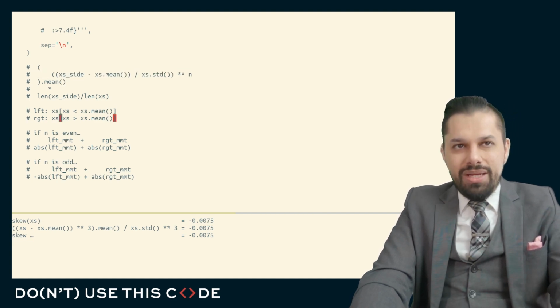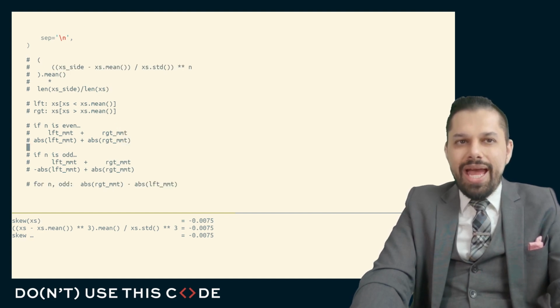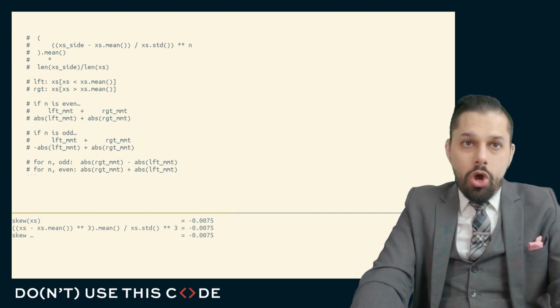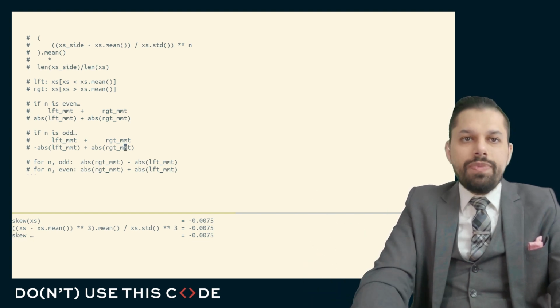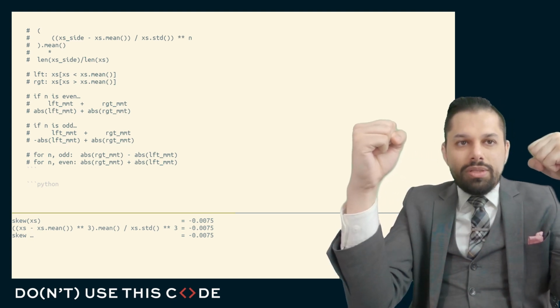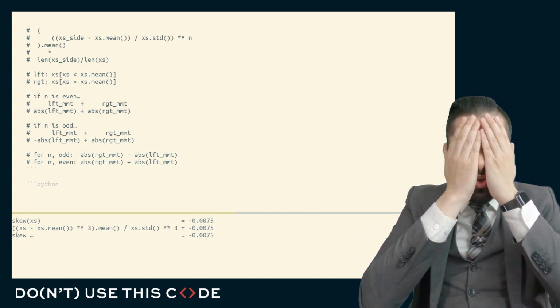If I'm above the mean, this part is always positive on the right-hand side. And so for moments where n is odd, like the skew, the third moment, I can compute the right lobe's moment minus the left lobe's moment. For n being even, I can compute the right lobe's moment plus the left moment. What on earth does this mean?